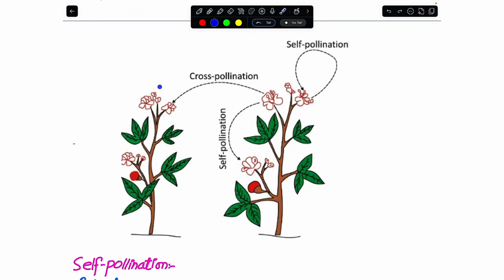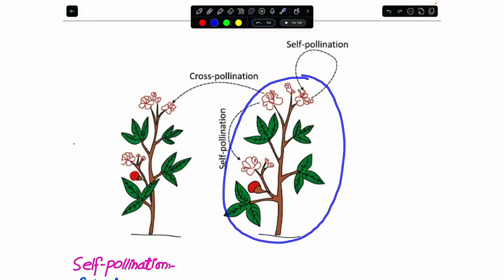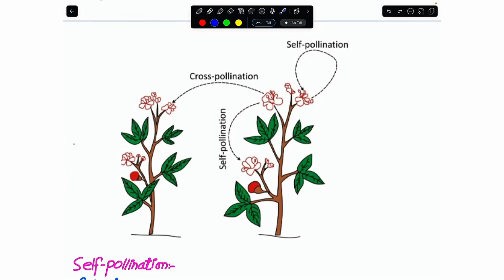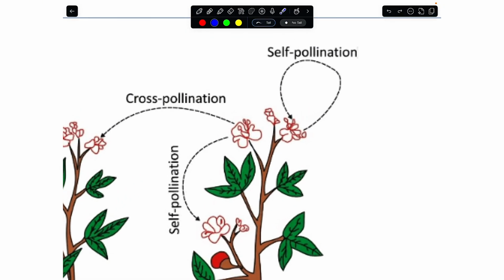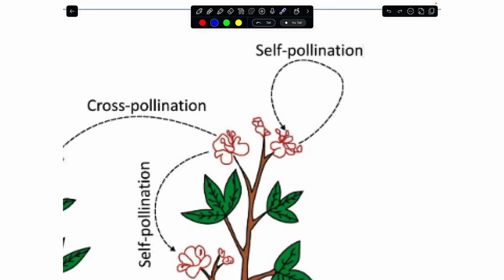Just assume that this plant, shown on my left hand side, and this plant, shown on my right hand side, are plants of the same species. This is the flower that I have got. If the pollen grain transfers from the anther to the stigma of the same flower on the same plant, this would be self-pollination.